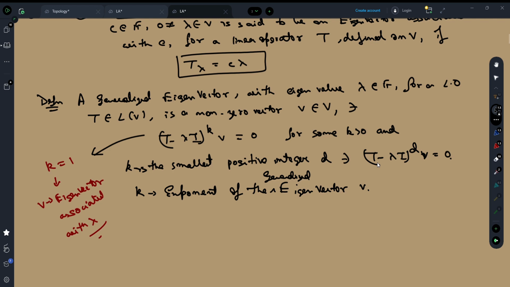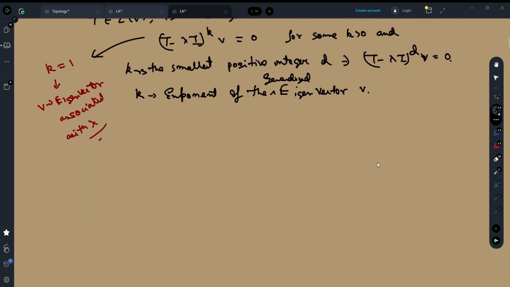So now we come to a proposition related to these eigenvectors, and these propositions will lead to what we call the Jordan decomposition theorem, which typically says that if you choose any matrix over an algebraically closed field F, then the matrix is similar to a Jordan matrix, or the matrix has a Jordan form.